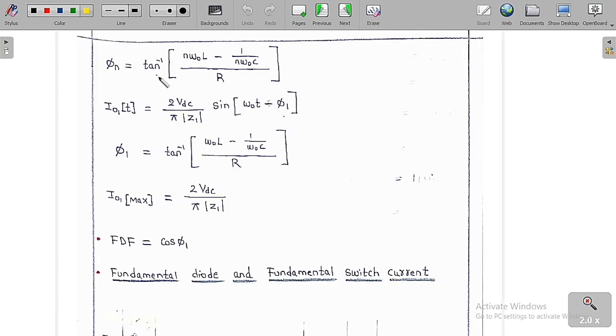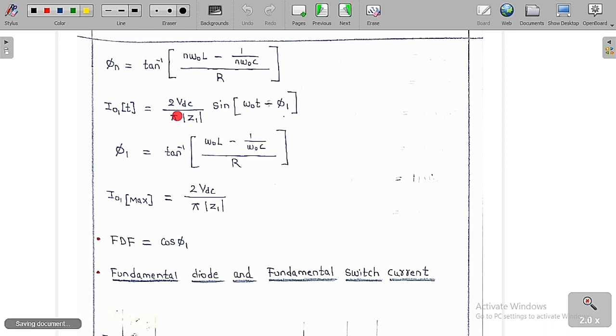Whereas phi n is equal to tan inverse of (XL minus XC) by R, which is (n omega naught L minus 1 by n omega naught C) by R. This is called phi n.